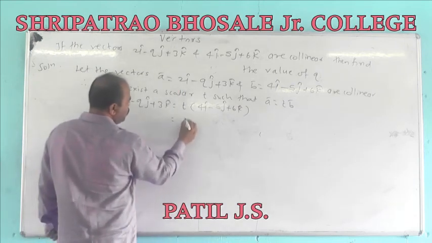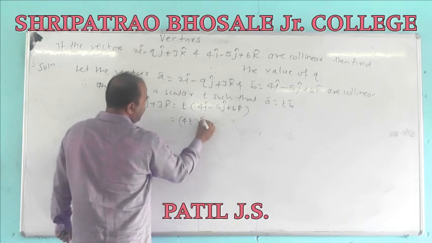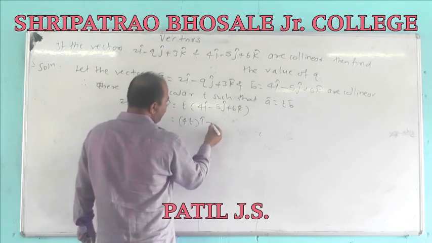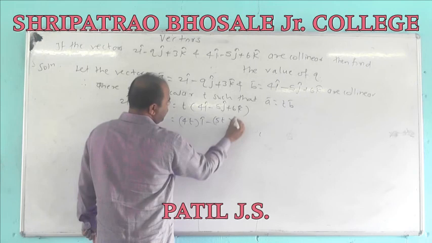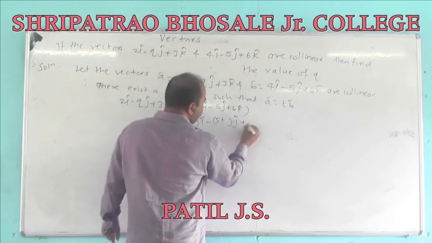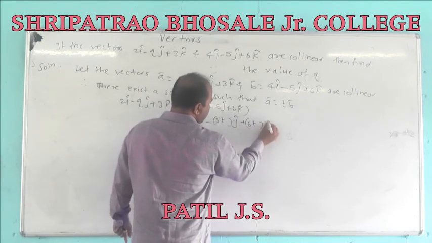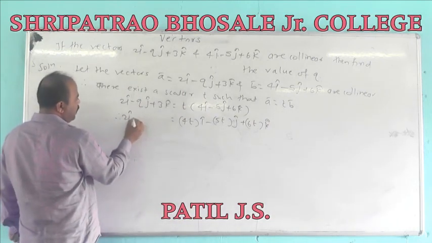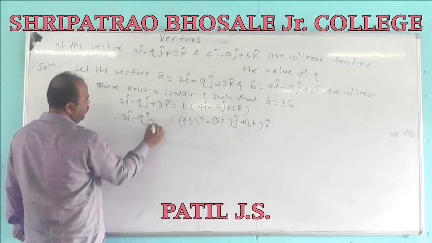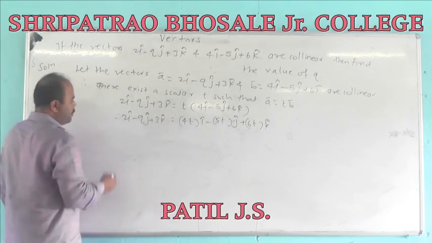This is equal to 4t i cap minus 5t j cap plus 6t k cap. This side is the same, 2i cap minus q j cap plus 3k cap.